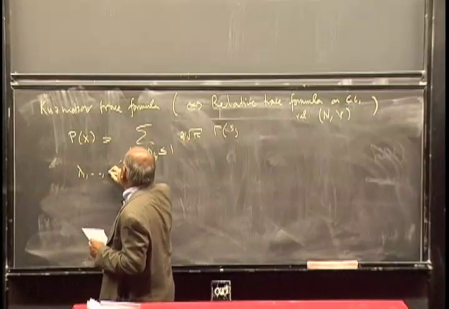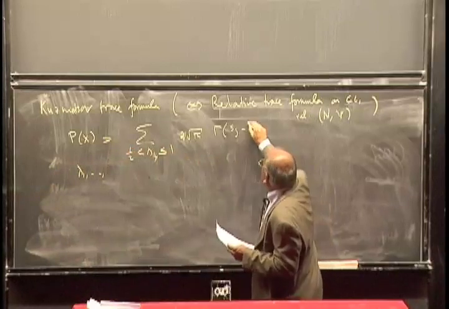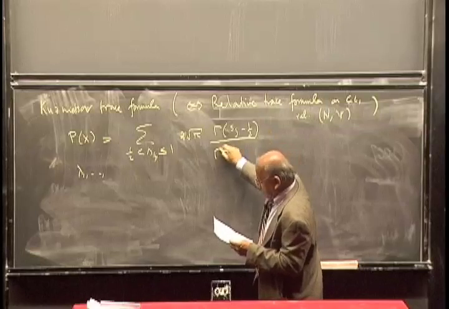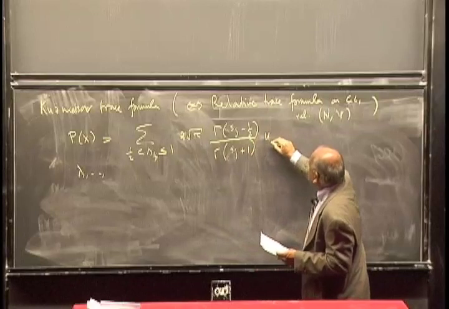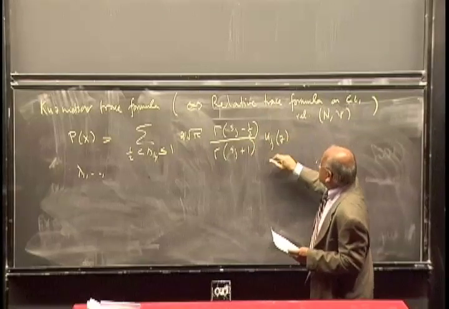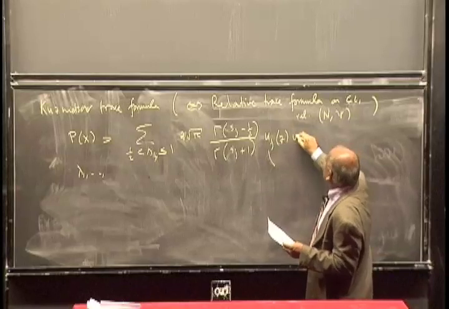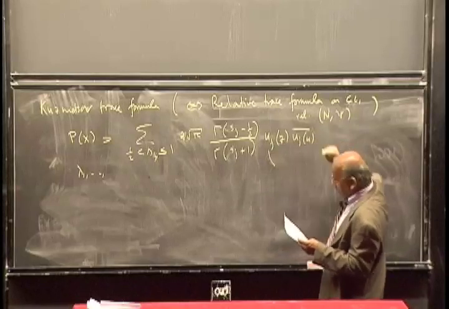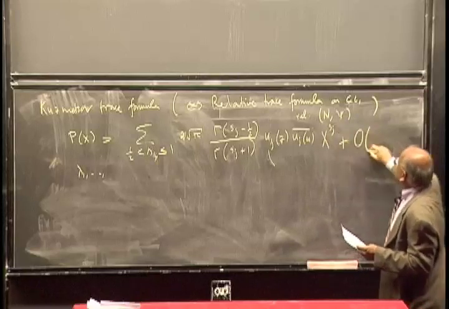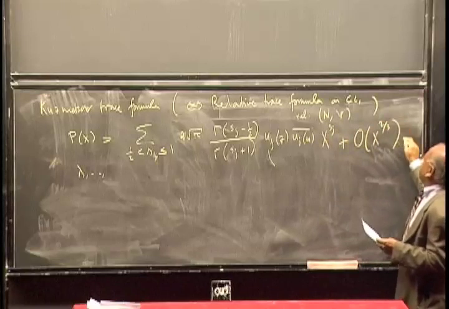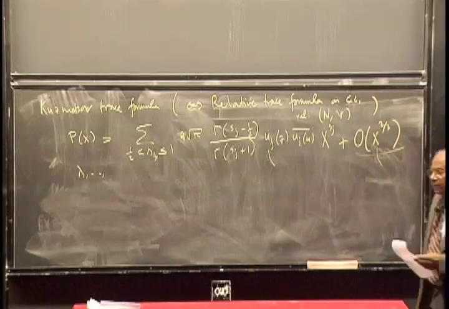Let's call them lambda 1, etc. If you write s_j minus 1/2, take gamma of s_j plus 1, this gives you an orthonormal basis of the eigenforms, and then you take u_j of w bar, and then you get x to the s_j, and then you get x to the 2/3 here. And this 2/3 comes from Eisenstein series.